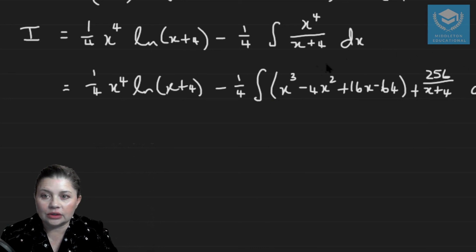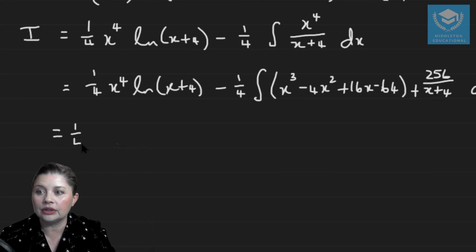And this integral is a lot easier to find than this fraction here, because the first bracket, that is straightforward integration. You can look at it and see what it is. And the second part, that's just the natural log. The integral of it is just the natural log.